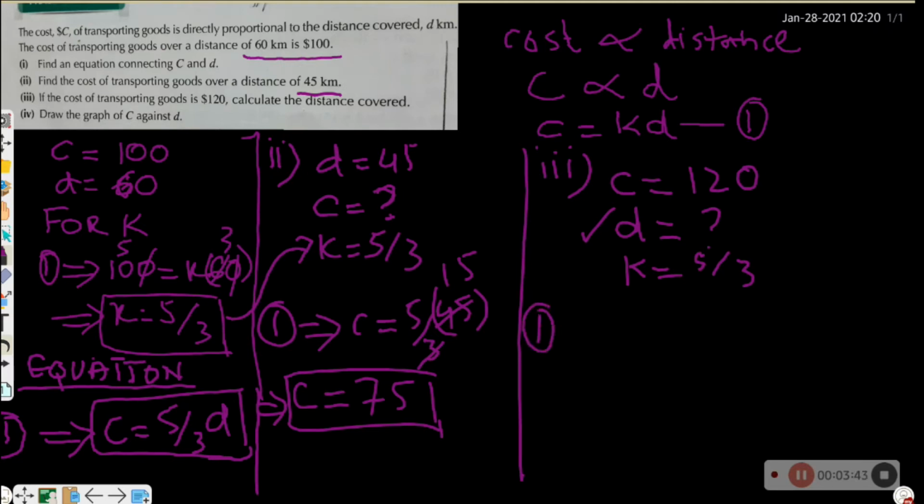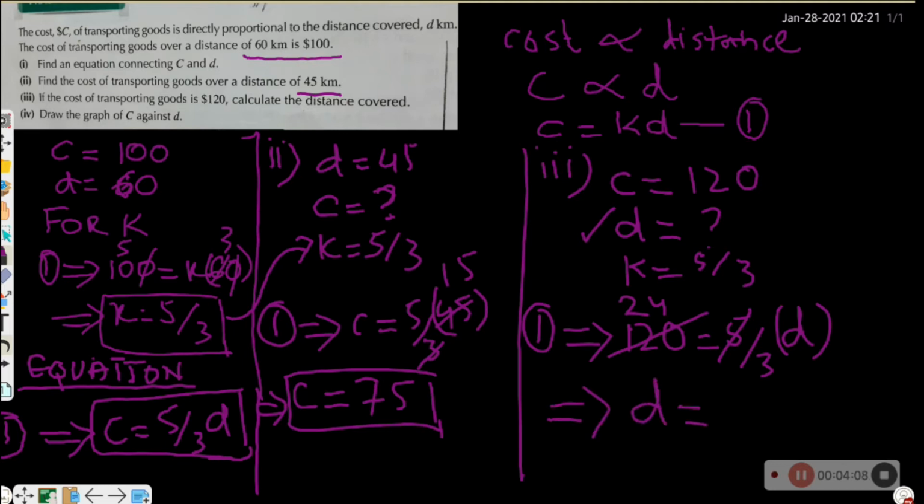So now our equation 1 will become 120 is equal to 5 upon 3 into D, 5, 24, and D is equal to 3 multiplied by 24 is 72 kilometers. Never forget the unit, okay?